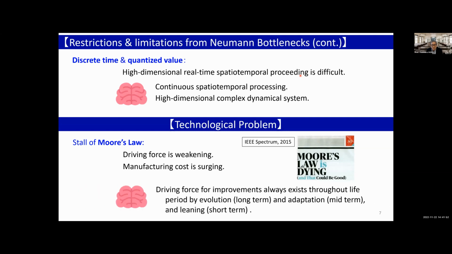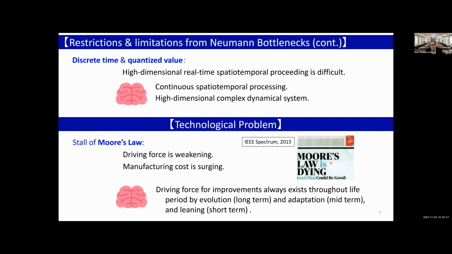However, the driving force for improvement of brain processing always exists throughout the life period through evolution, adaptation, and learning. And this is the front page of the IEEE Spectrum in 2015 that says Moore's law is dying.